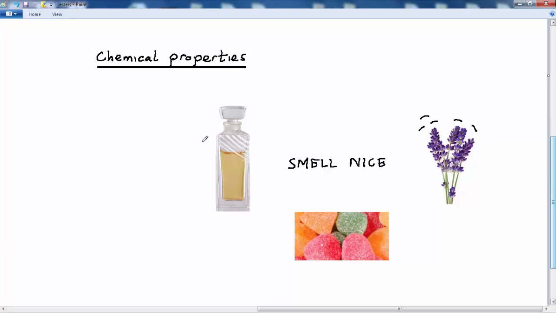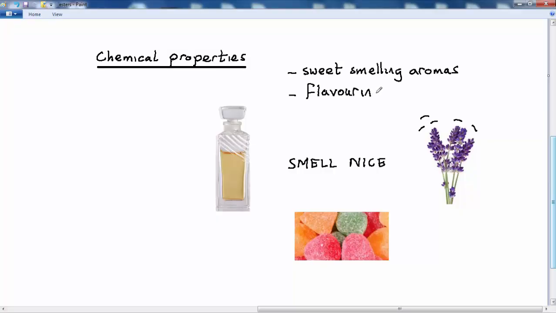Now, those esters might be synthesized in a laboratory artificially, or they may come naturally from the petals of flowers. So let's just make a note of that. They have sweet smelling aromas, and they are also used as flavorings.